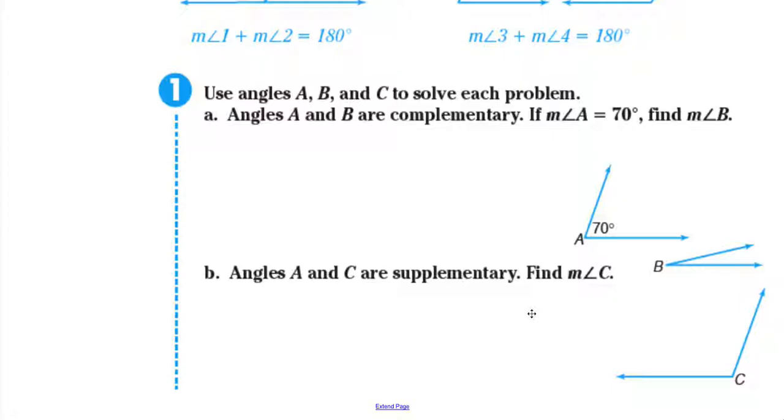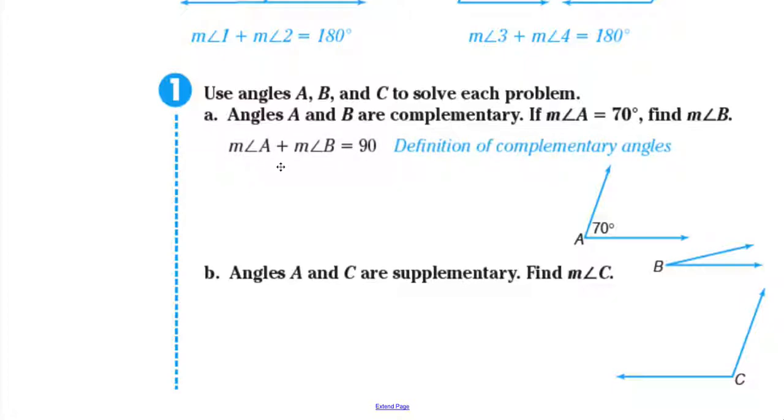Example number 1, use angles A, B, and C to solve each problem. In this case, angles A and B are complementary. That means the sum of these two angles is 90 degrees. If the measure of angle A is 70 degrees, find the measure of angle B. We know for a fact that they're complementary.